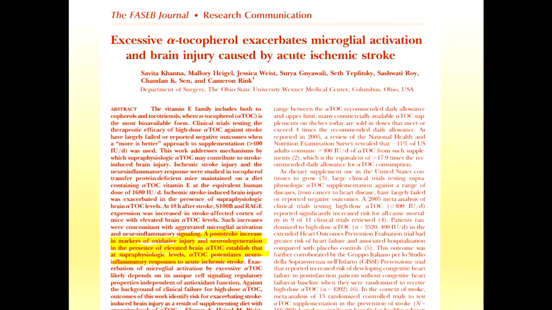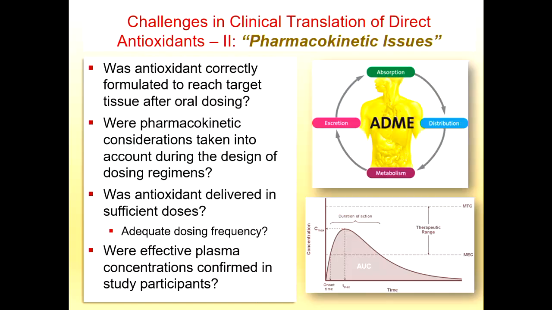The presence of elevated brain alpha-tocopherol, vitamin E, established that at supraphysiologic doses, that is high doses, alpha-tocopherol potentiates neuroinflammatory responses to acute ischemic stroke. So it's potentiating the role of inflammatory cell injury after stroke. So this is what people didn't appreciate in days gone by, how important free radical production could be in some cellular contexts. It's not all bad, so shutting it down sometimes results in negative outcomes.